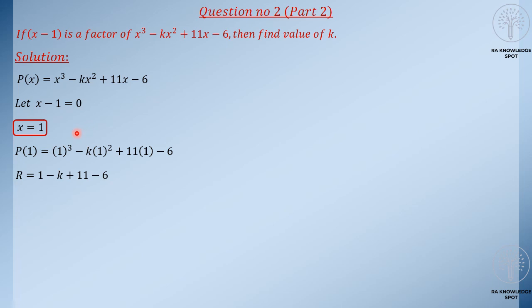Now this is k, this is minus k, because 1 squared is 1. 11 ones are 11, minus 6. Then this is 6 minus k after solving the equation. Now the remainder is 0, there is r, that is 0. And 6 is positive, over there it will be negative. You cancel both negative signs, and finally you get the value of k.